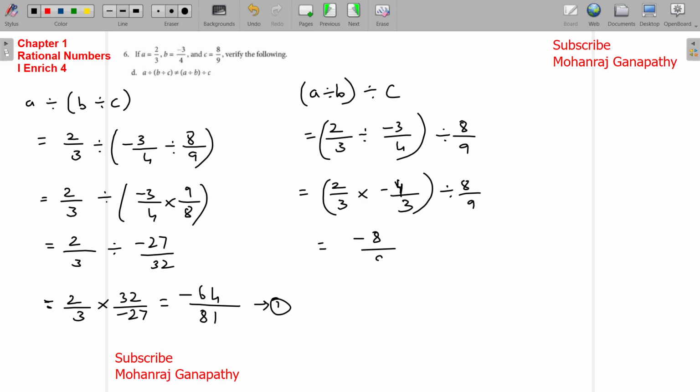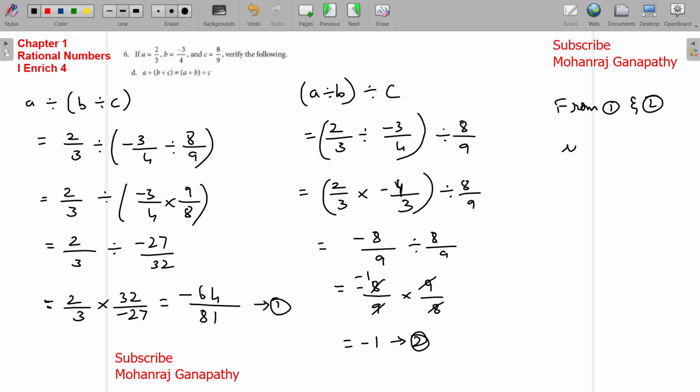Minus 8 by 9 divided by 8 by 9, minus 8 by 9 into 9 by 8, minus 1, which is equal to minus 1, 2. From 1 and 2, it is verified. They mentioned they should not be equal. So from 1 and 2 it is not equal, it is verified.